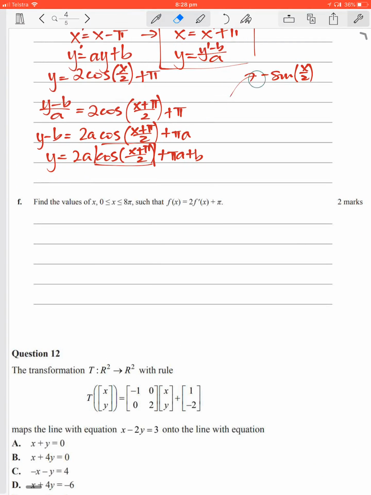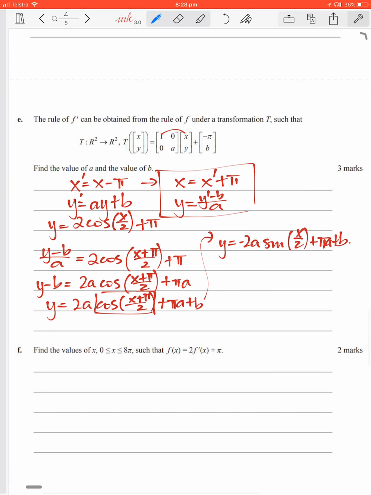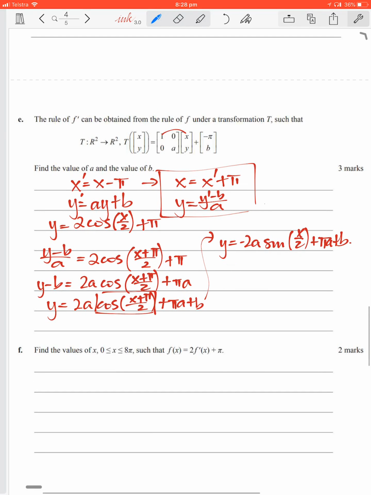So then we can say from here that is the same as y equals negative 2a sine of x on 2 plus pi a plus b. Now, our equation that we want it to become is negative sine x on 2.